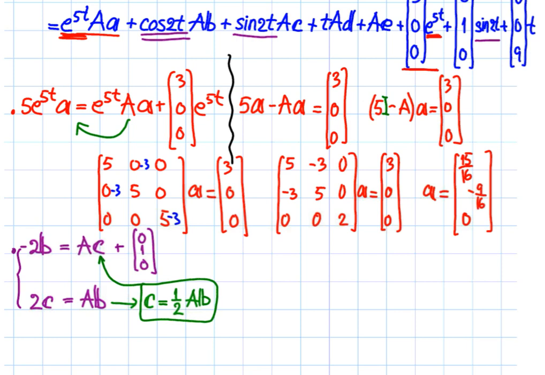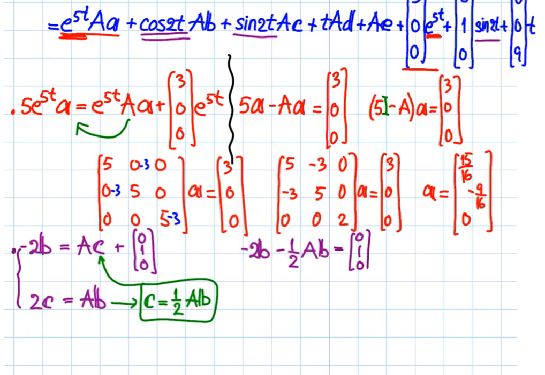We should have minus 2B minus 1/2 AB equal to 0, 1, 0. Right.